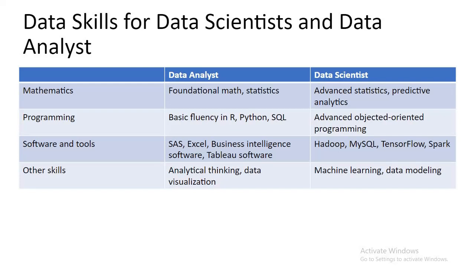Then also software and tools. As a data analyst, it's always good to know how to use Microsoft Excel. If you can, know how to use SAS, and business intelligence. Business intelligence is just Power BI, then Tableau software, as I explained the other time.